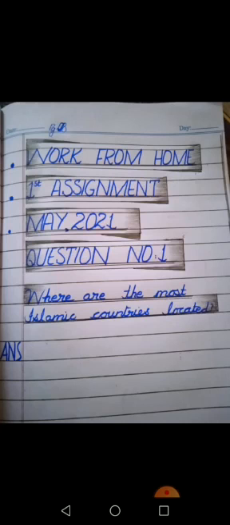After the ending line, skip one line and give the heading of question number 2 and then write question number 2, in which parts of the world are there no Islamic countries. Then in the margin lines write A and S and write its answer and then draw the ending line. Students, that was all about your May task and work from home.